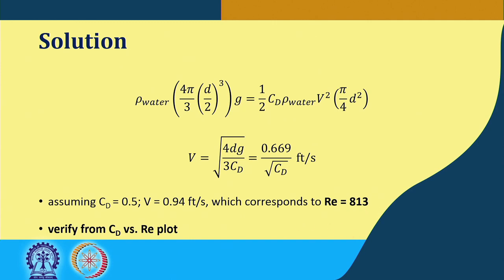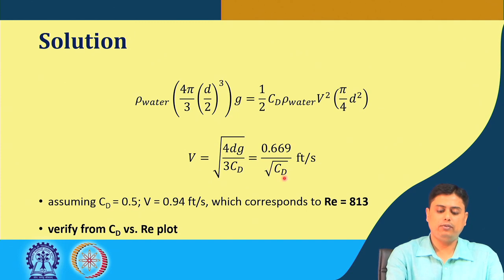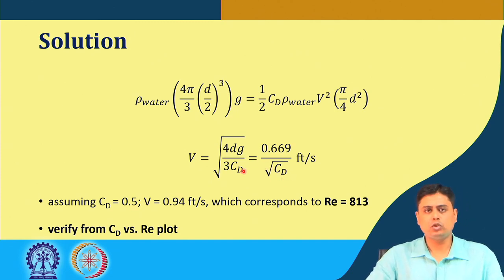Now we go back to the CD versus RE plot and recheck that, for our Reynolds number of 813, the CD is 0.5 or numerically close to 0.5. So that means our assumption of CD 0.5 fits well. So basically it involves a trial and error method to find out the CD and RE.